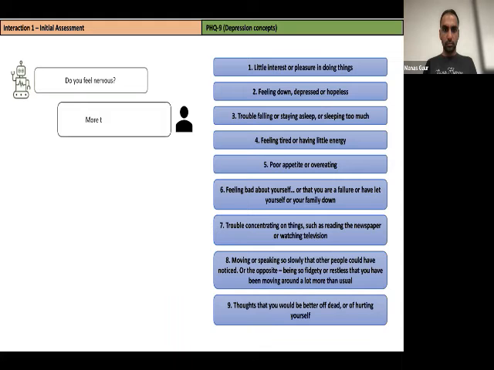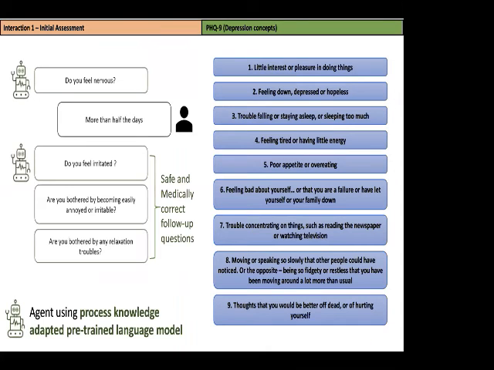The same conversation repeated. These questions are much safer to ask. They have in essence the same intent as the previous questions. They're just worded in an appropriate manner. They're guided by question 8 in the PHQ-9, which shows irritability and restlessness.